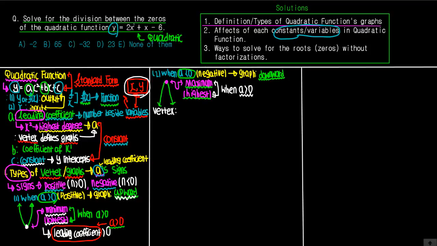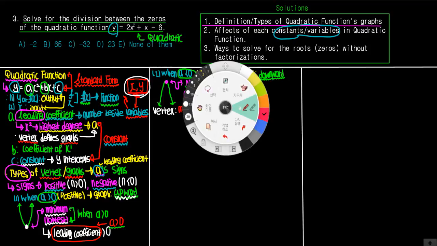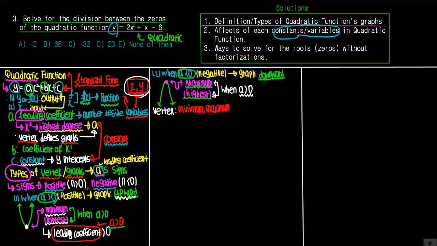The vertex will be the minimum point or the maximum point, and it will be controlled by our leading coefficient, which is the coefficient of our leading term, a.